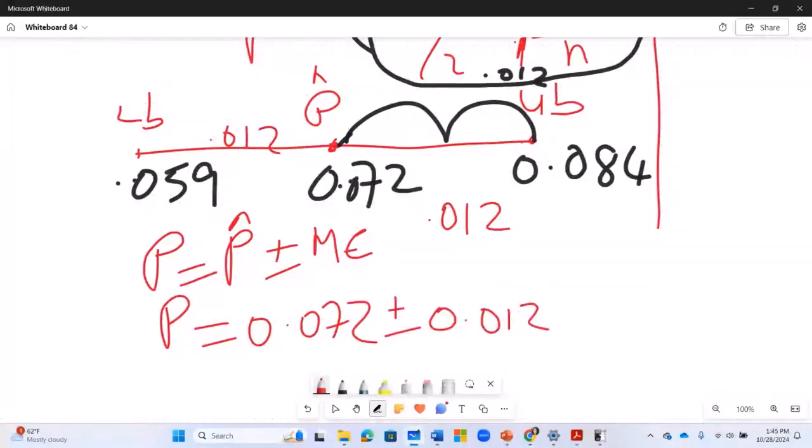So I can now say, therefore, I am 90% confident that the population proportion lies between the lower bound, 0.72 minus 0.12, to 0.72 plus the margin of error.